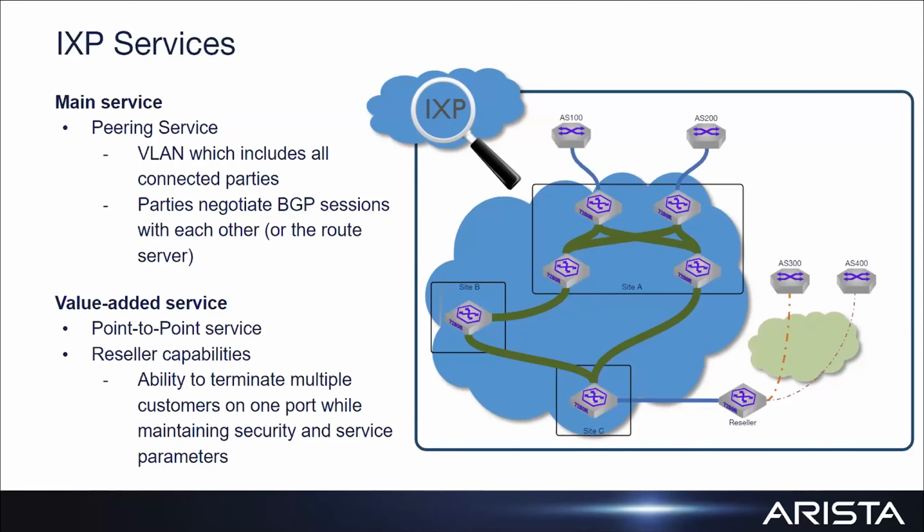So the reseller has one big port or multiple big ports towards the internet exchange, and then is slicing it up into smaller bandwidth services, like a 100 gig port into n times 1 gig, n times 10 gig, or even just 100 meg services. Next slide, please.